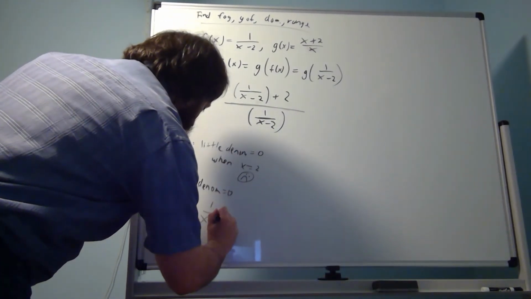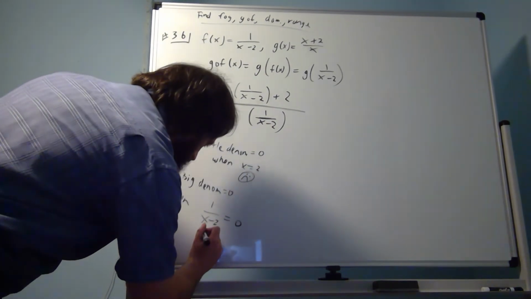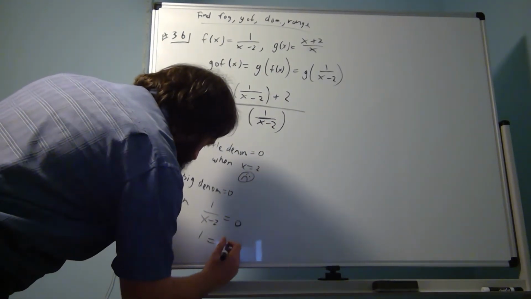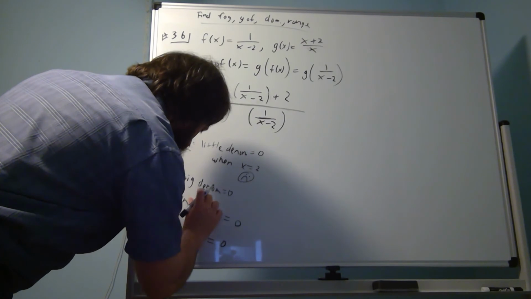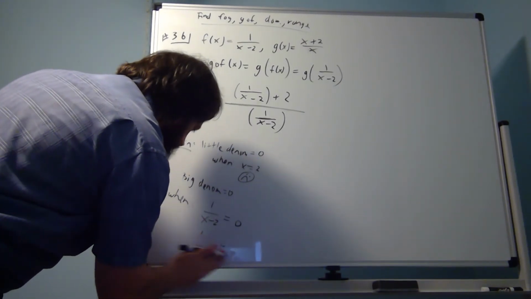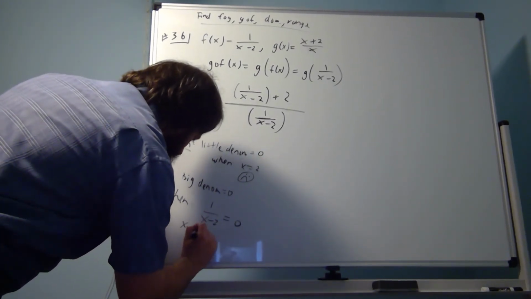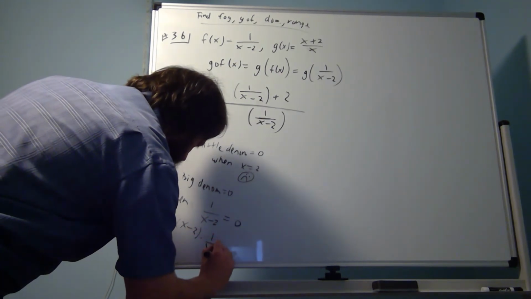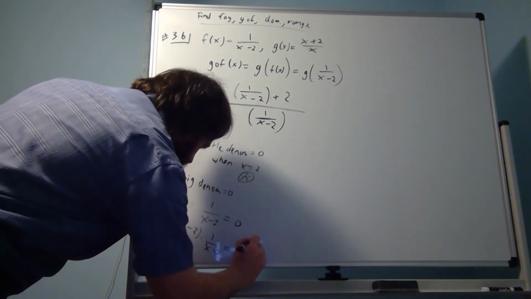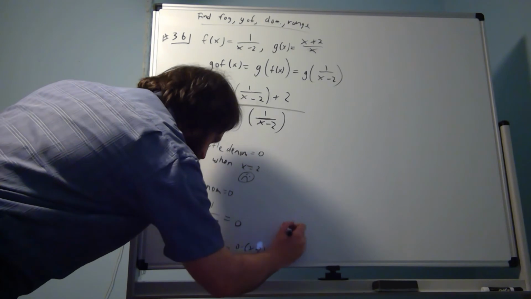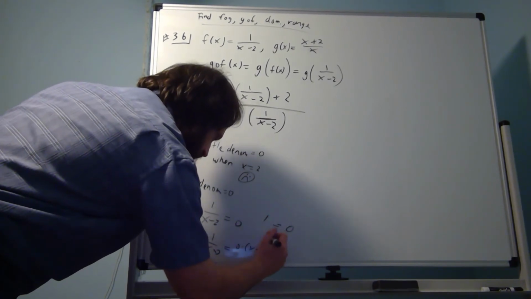Well, 1 divided by x minus 2 would have to be equal to 0. You multiply both sides by x minus 2. Well, it looks like this: x minus 2 times 1 over x minus 2. 0 times x minus 2 is just 0. So 0 is equal to 1.